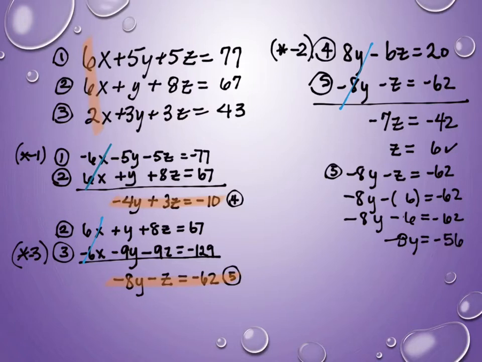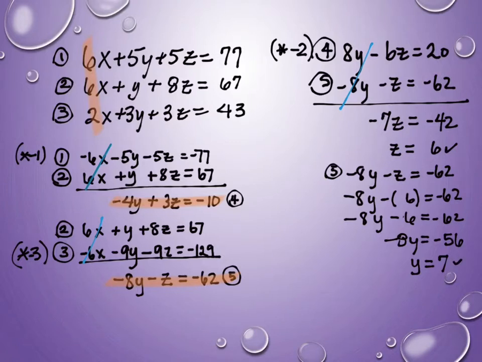And if I divide by the negative 8, what would y be? 7.5? I just have 7 in my notes. 56 divided by 8 should be 7. Yeah, it's okay. Typos happen, no problem. Okay, cool. That's the second variable.